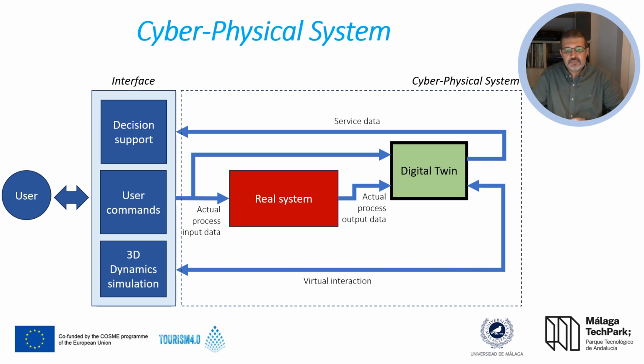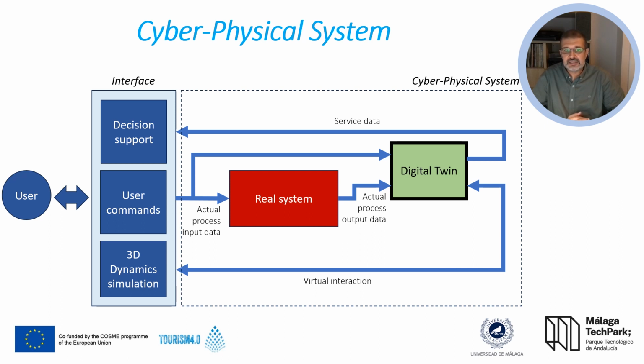This system has a behavior and produces the output data that will be used by the digital twin. The digital twin is the green box and is the virtual or digital representation or modeling of the real system. Then the digital twin uses the output data of the real system as well as the input data of this real system in order to produce two outputs.